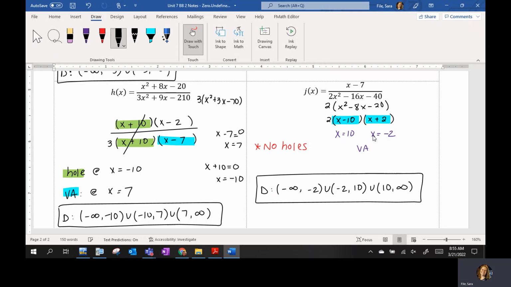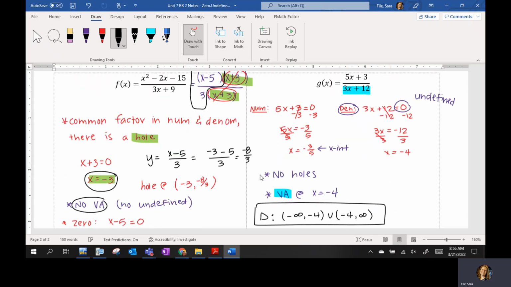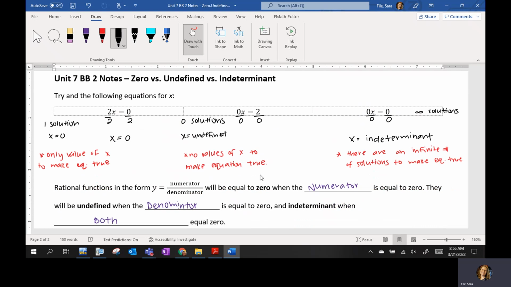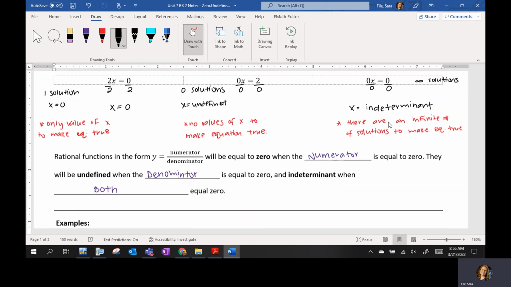And then the zeros are what would make the numerator 0. That's just your x-intercept. Okay, but it all goes back to what we started with, knowing that difference: 0 in the numerator, 0 in the denominator, or 0 in both. You have to understand those differences.